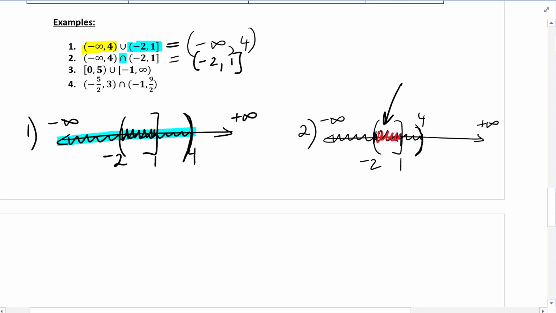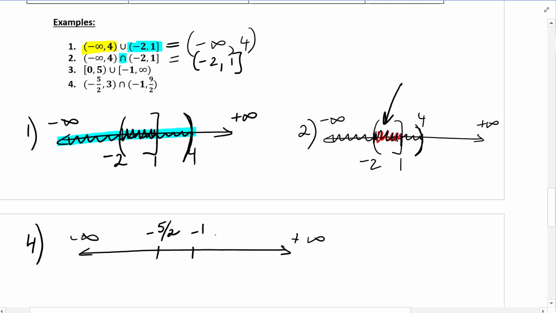All right, and let's do one more. So I'm going to do 4 also. So let me plot the points: negative infinity, positive infinity, negative 5 over 2, that would be negative 2.5. So negative 5 over 2 would be here, negative 1 would be here, 3 would be here, 9 over 2, that's 4.5, so I'm going to put it here. So now negative 5 over 2, 3 would be this interval, and I'm going to shade it with black.